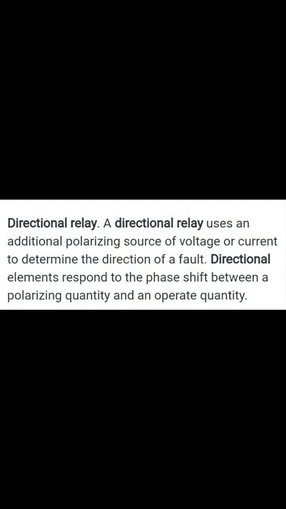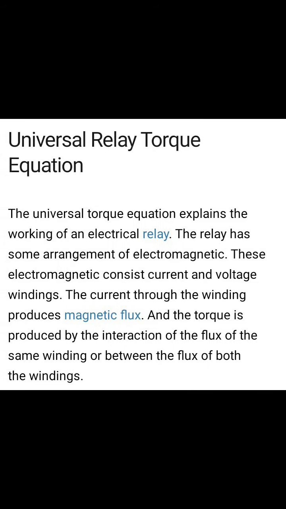Now, directional relay. A directional relay uses an additional polarizing source of voltage or current to determine the direction of a fault. Directional elements respond to the phase shift between a polarizing quantity and an operating quantity.